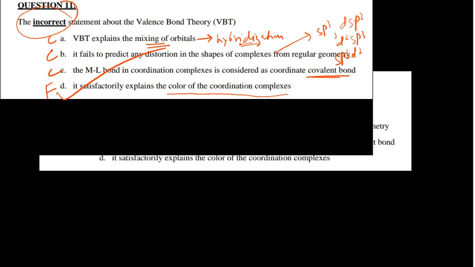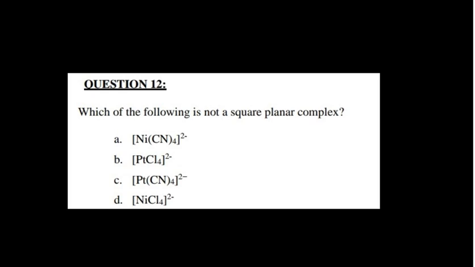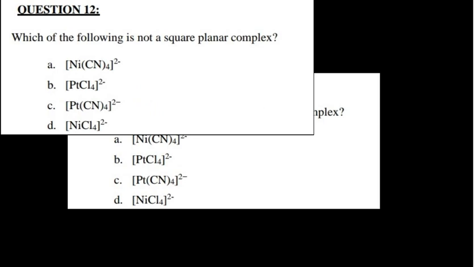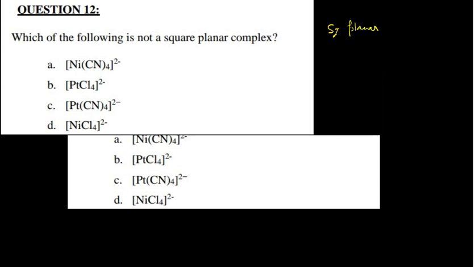Now moving to the next problem, and what is this problem? Which of the following is not a square planar complex? For a square planar complex you have to have dsp2 hybridization, and for dsp2 you should have inner, or you can say the 3d orbitals, and 3d orbitals would be available in case of strong ligands.